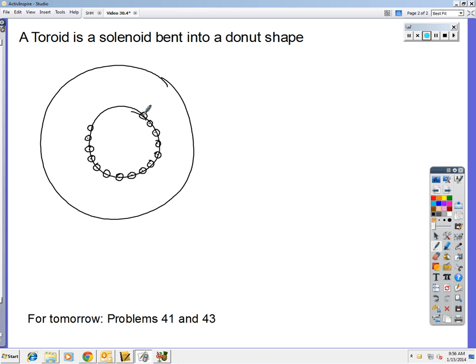And along the outer circle, you have a bunch of wires that carry current into the page. Toroids are actually quite useful because, as we'll see, they allow no magnetic field to leak outside. The magnetic field circulates entirely inside the toroid.